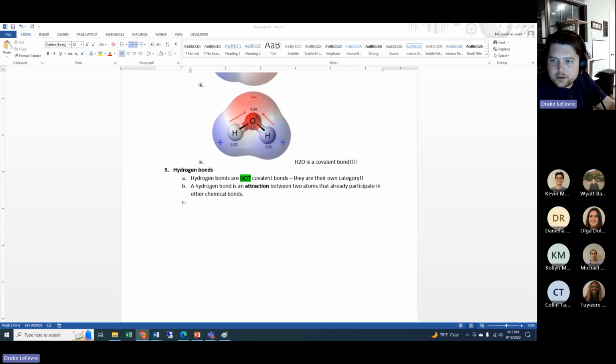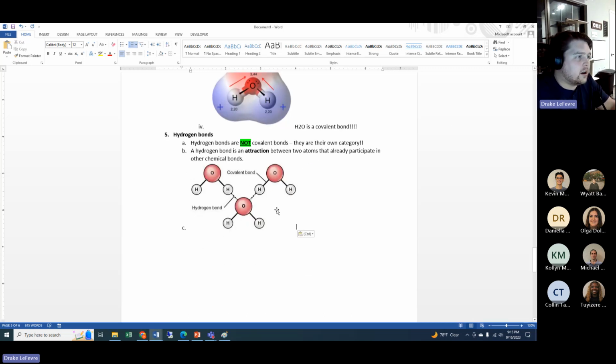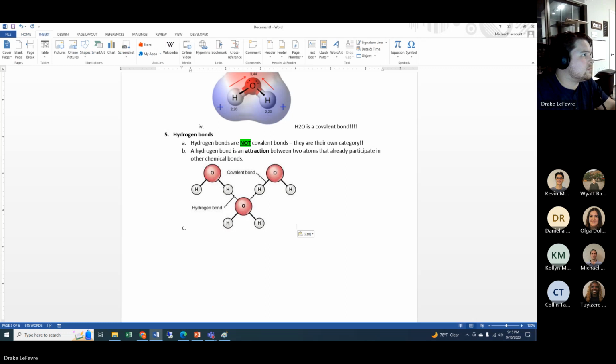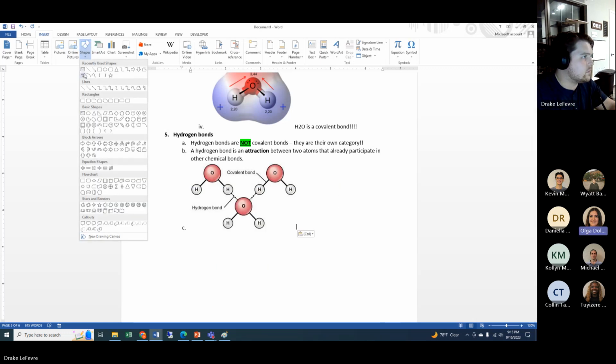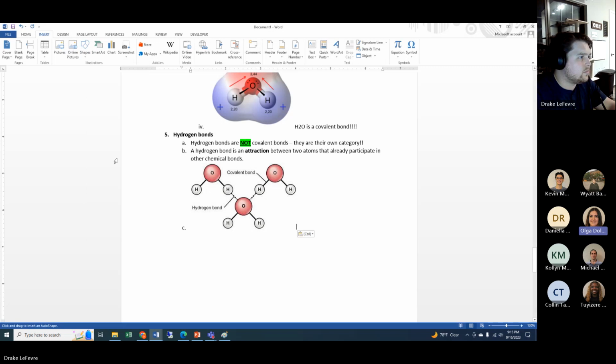They're able to form a secondary bond with the other H2Os around them. By secondary, you mean they're just continuously bonding with everything, with each other?